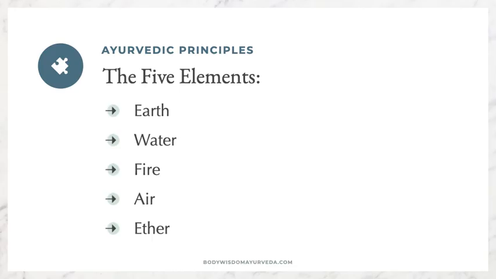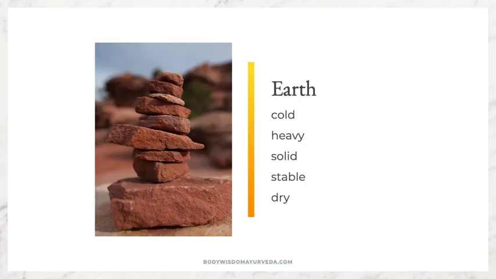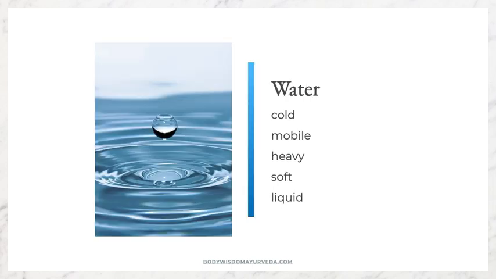Ayurveda recognizes 5 elements as the fundamental building blocks of nature. Each of the elements is a unique combination of several gunas. Earth is cold, heavy, solid, stable, and dry. Water is cold, mobile, heavy, soft, and liquid.